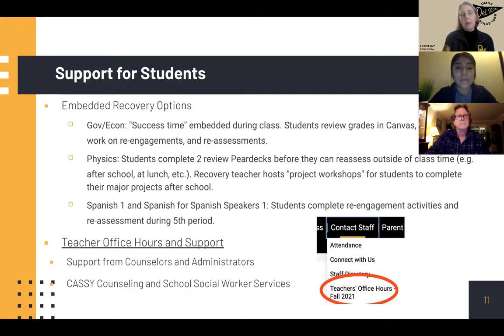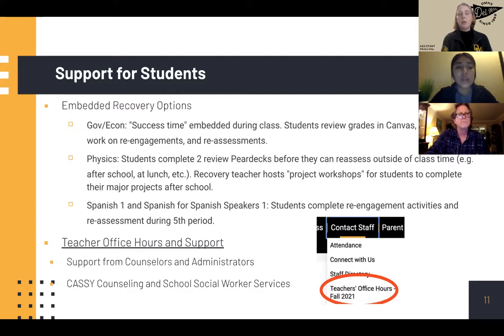I did want to talk a little bit about some recovery options, and these are embedded, which means that they're currently happening in classes, and it gives students a chance to recover and improve before that final semester grade comes out. So we currently have an embedded recovery happening in government and econ, and this is what they call success time.